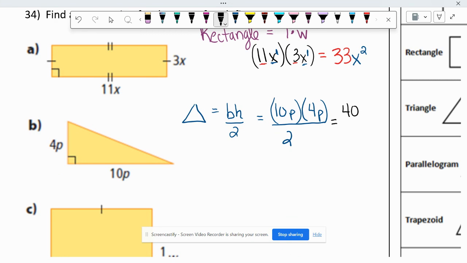And p times p is p squared all over 2. What is 40 divided by 2? 20. So my final answer is 20p squared.